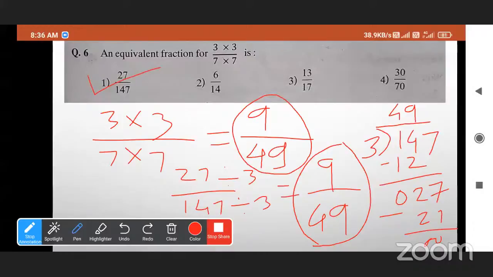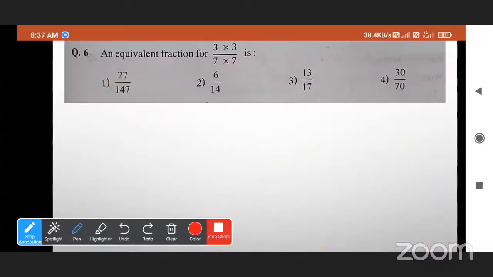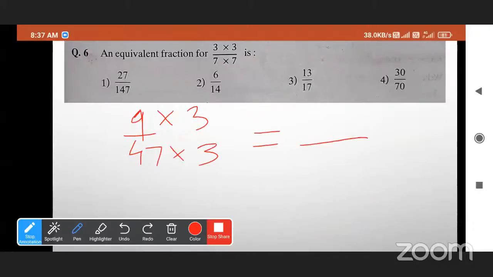And there is another method also. Here it is 9 upon 49. So we will multiply both numerator and denominator by 3. 9 threes are 27.